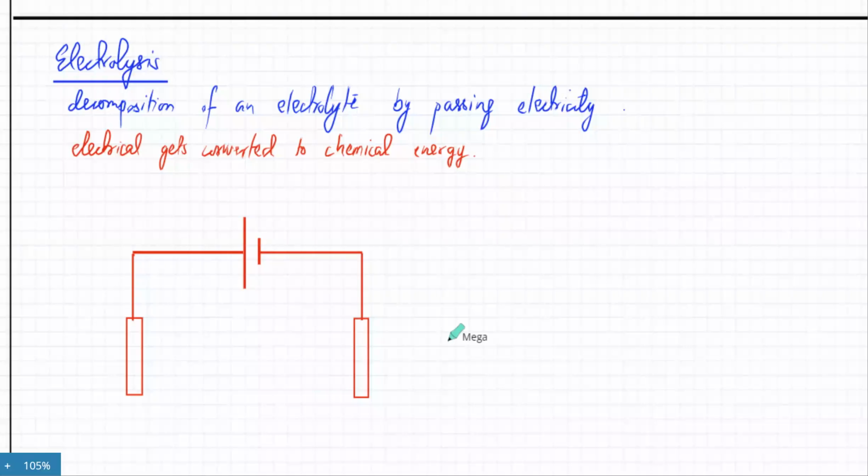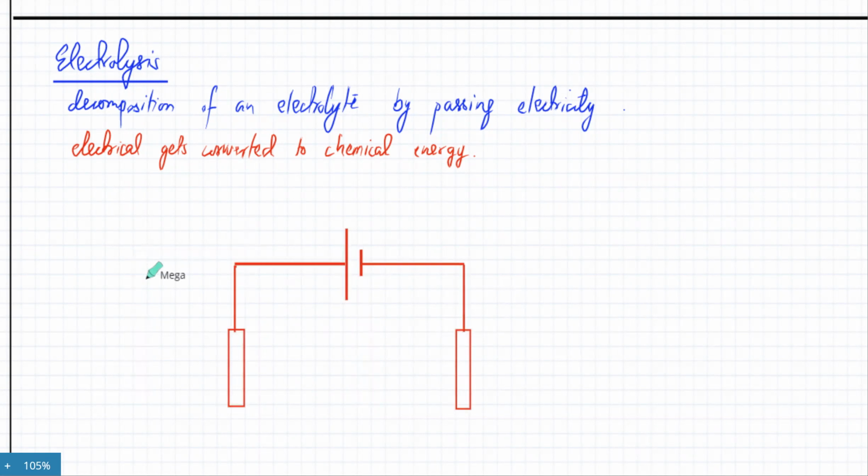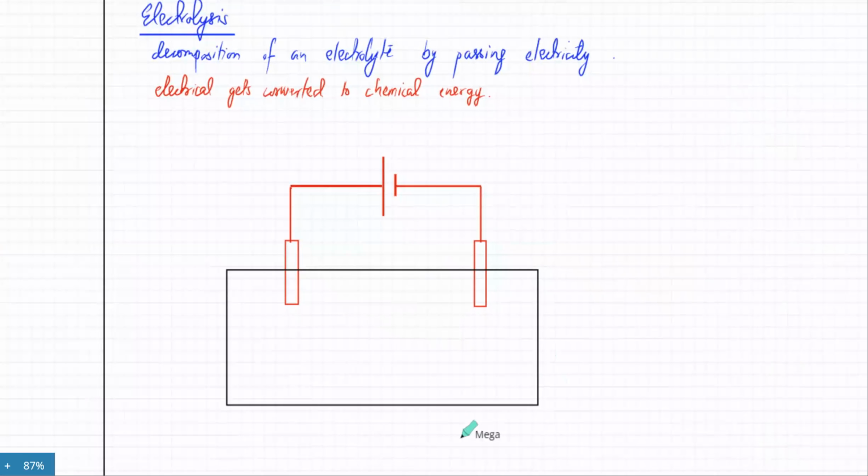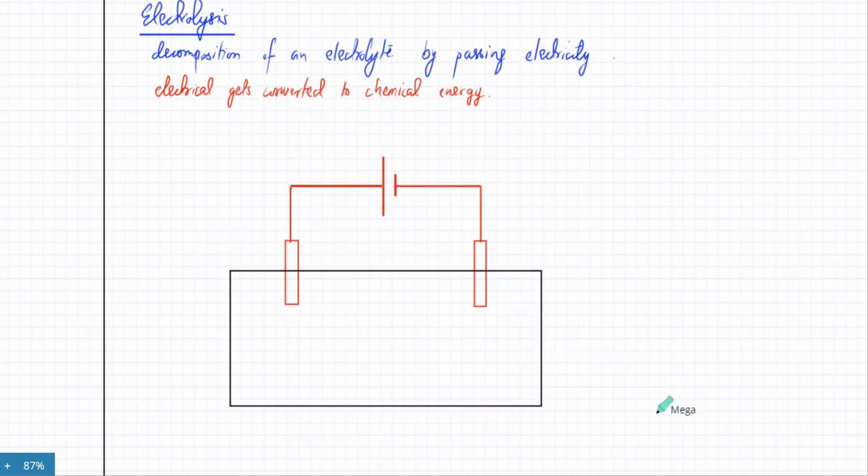Now you've done electrolysis in O-levels before. You're going to dip the two electrodes in a solution, and that solution is going to contain some form of electrolyte. So here's the difference. In electrolysis, the battery is the one that's in charge.